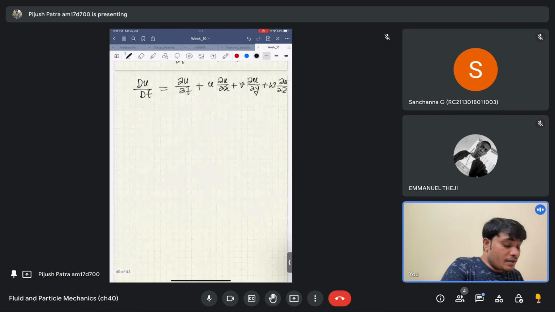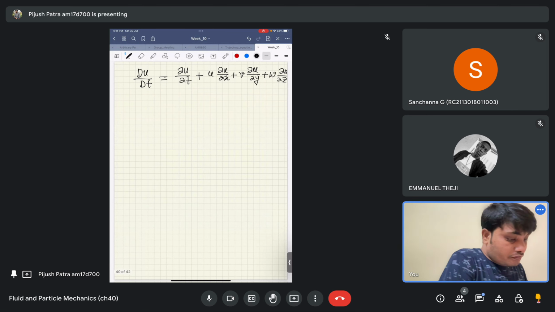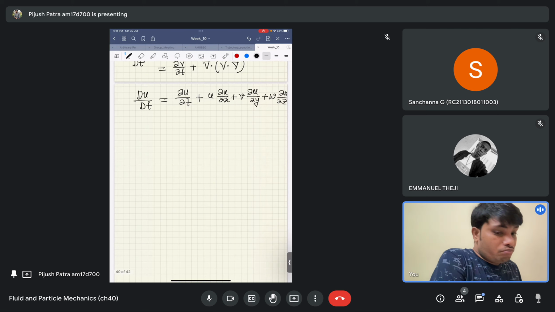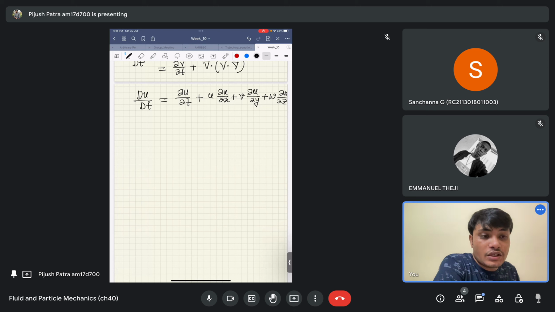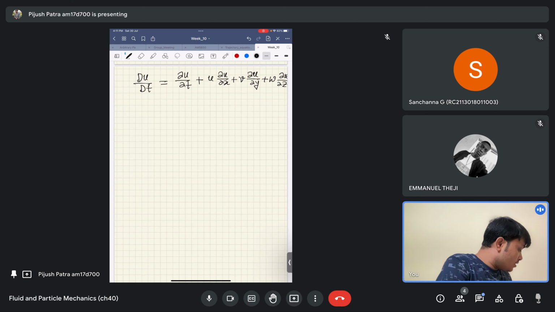Now let me write down that equation once again, because I will try to tell you, at least in words, how you can see the difference between the different equations. If you don't mind, I will write it in tensorial notation.